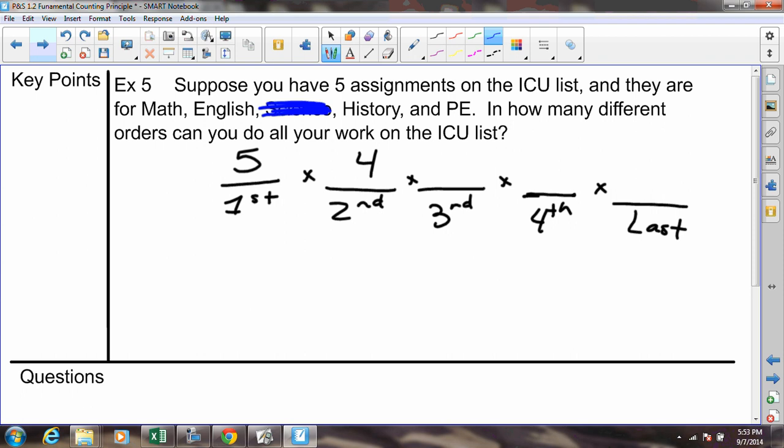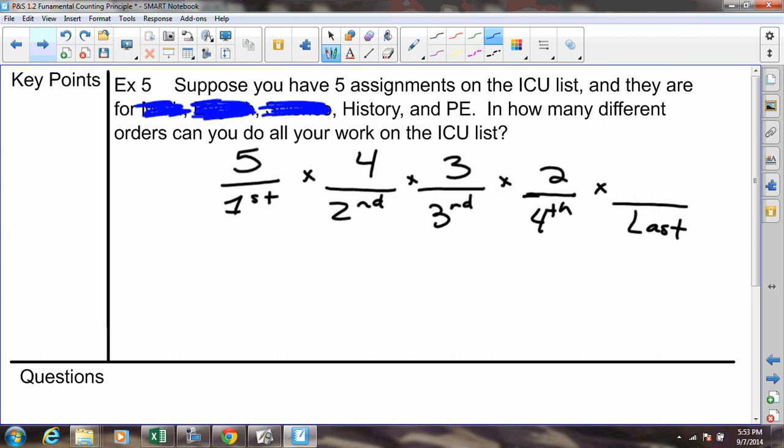So suppose you chose to get rid of your English second. How many choices are left for the third assignment? You could pick 3 of them. Supposing you got your math done next, for the fourth assignment, how many are left to pick from? There are 2.